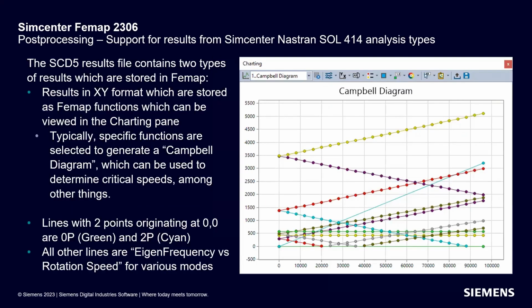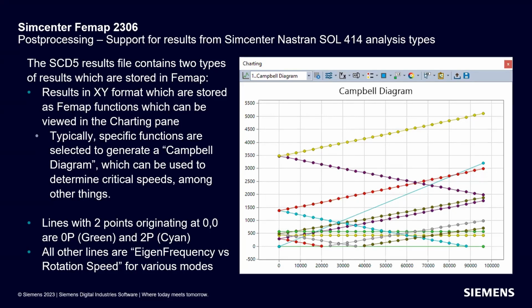And the other big thing is Campbell diagrams. That's typically what most folks are looking at from a solution 414 analysis. So the results from the XY results are read in as functions in Femap, and then you can use any of Femap's functionality in the charting pane to chart your Campbell diagrams.